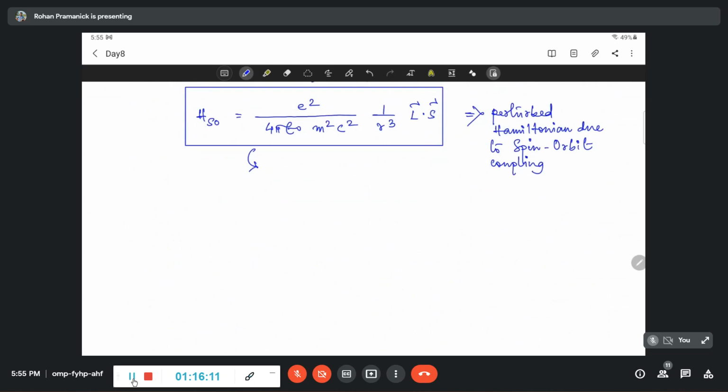Have you done this Thomas precession in relativity? No, sir. Okay, so this Thomas precession is applied here, because we have done all these things for inertial systems, right? But this is not an inertial system, because this electron is circularly orbiting this proton.